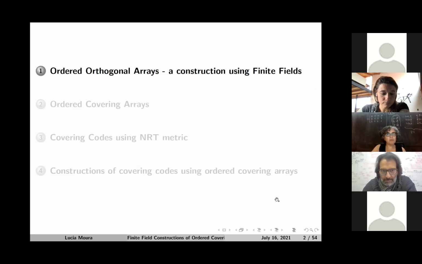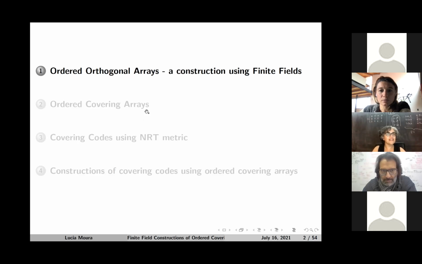This was my original plan for the talk, but I lied. I could talk about all of this, as in another talk I gave recently, but without going into the finite field constructions. So I'm going to concentrate on the first part, not how to build ordered covering arrays, but ordered orthogonal arrays, and I'll give more details on the finite field constructions. Those ordered orthogonal arrays can be generalized to covering arrays, which are other combinatorial designs.